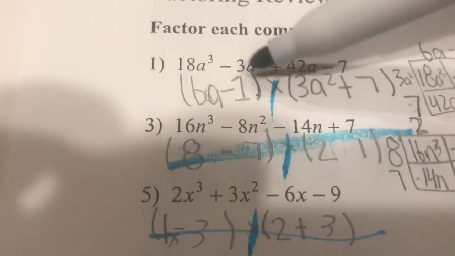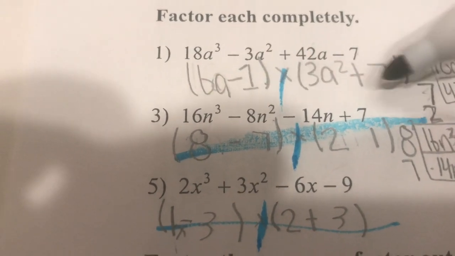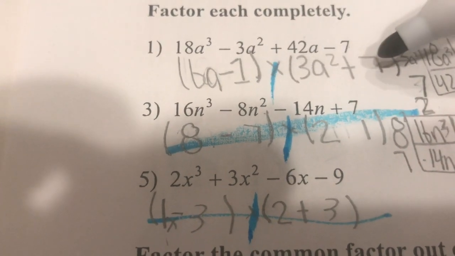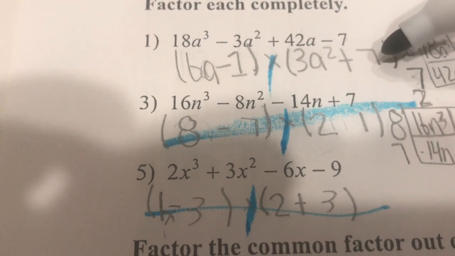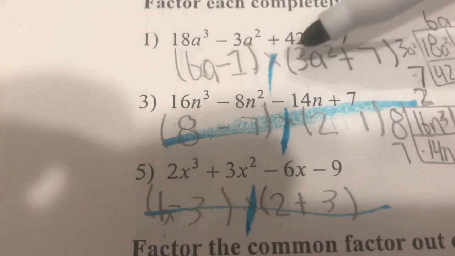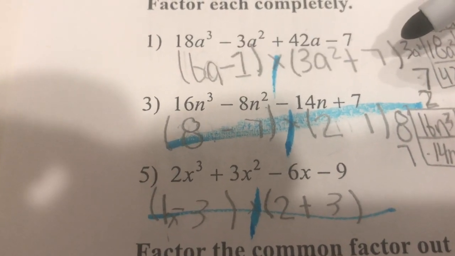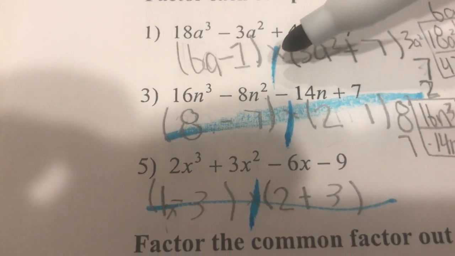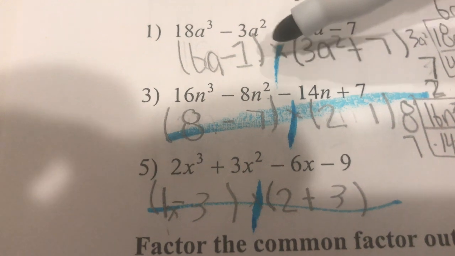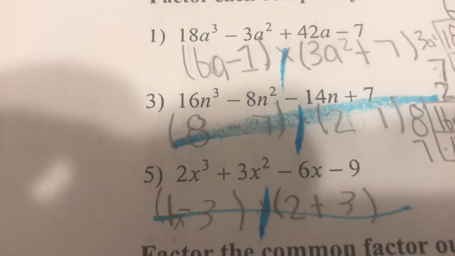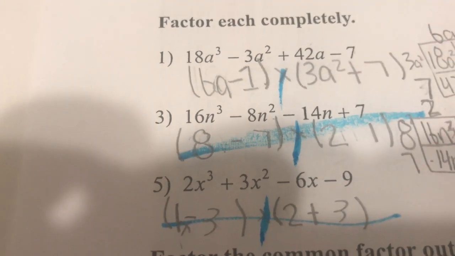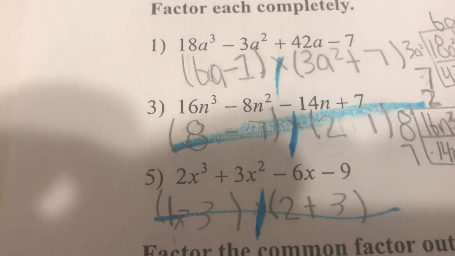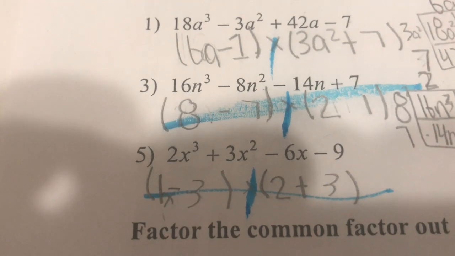By convention, when we have a number in parentheses like this, 6a minus 1, times another in parentheses, 3a squared plus 7, just by butting those two parentheses up against each other, we know that they are being multiplied. So when you put that little symbol in between them, whether you put an X like we used to do for multiplication in elementary school, or you put a dot, those are not necessary by convention.